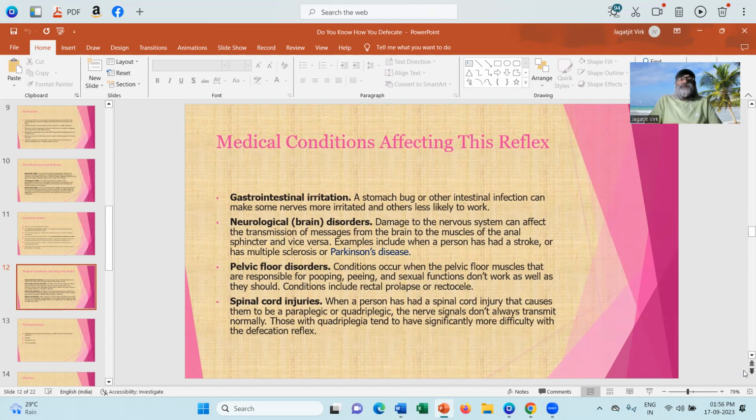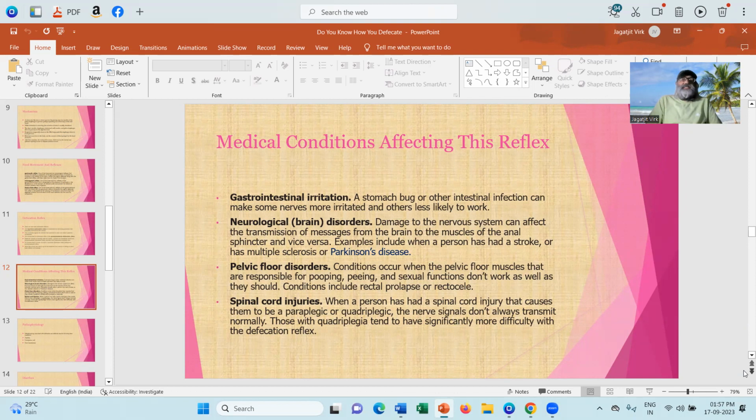Examples include when a person has had a stroke or has multiple sclerosis or Parkinson's disease. Pelvic floor disorders. Conditions occur when the pelvic floor muscles that are responsible for pooping, peeing, and sexual functions don't work as well as they should. Conditions include rectal prolapse or rectocele.